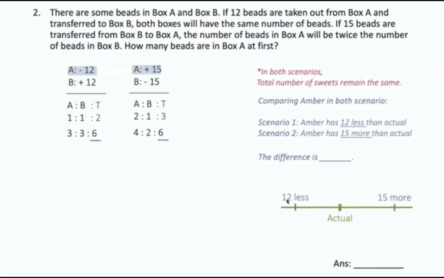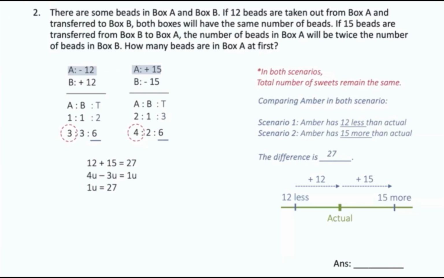So the difference between these 2 scenarios is 12 plus 15. From here to here is 27. So the difference between the 2 scenarios is 27, which in terms of units is 4 minus 3, 1 unit. So 1 unit is 27.